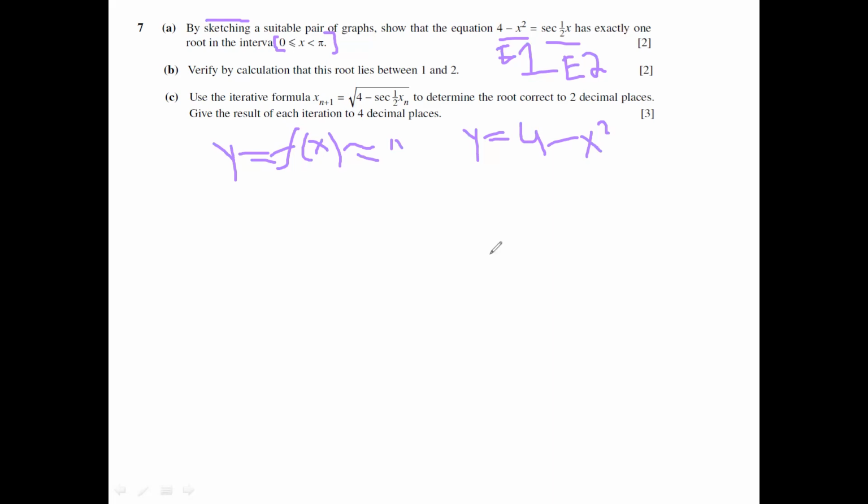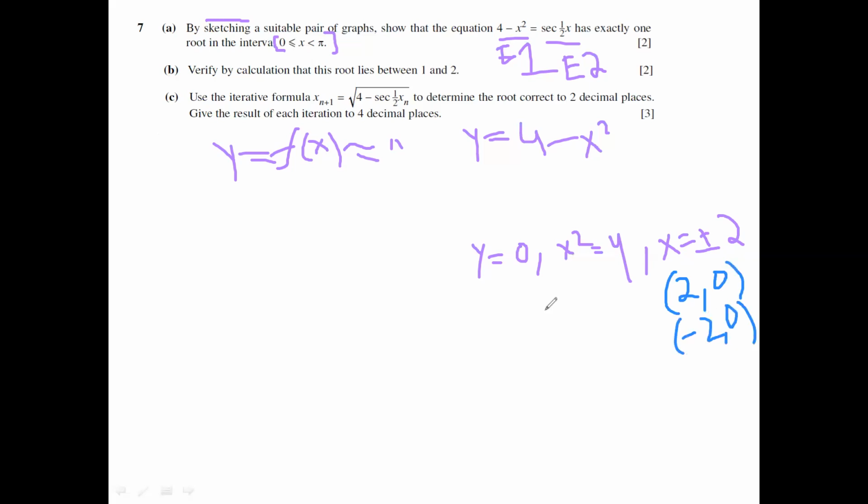We also know that at y equal to 0, x squared equals 4, and x equals plus or minus 2. So now we have the points 2 comma 0 and minus 2 comma 0.